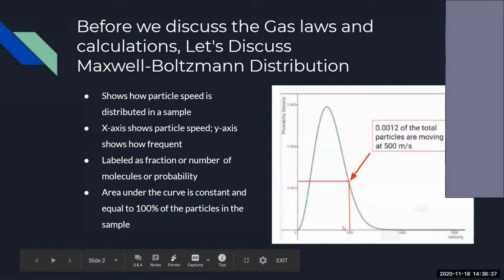So here, most of my particles are 500 meters per second or less. We're not over here in the higher velocity range. So I can tell that this is probably at a colder temperature. Either that or I'm dealing with a heavier molecule, so they're moving at a slower pace. Okay.